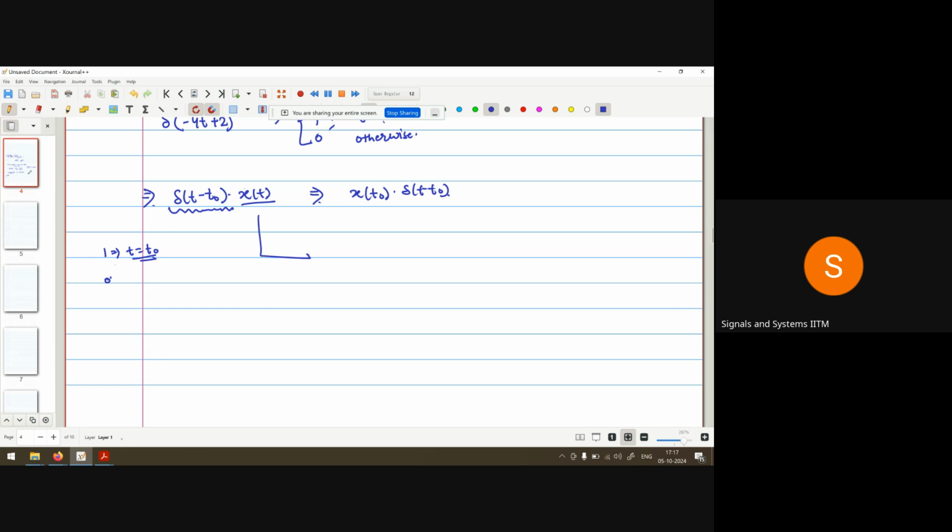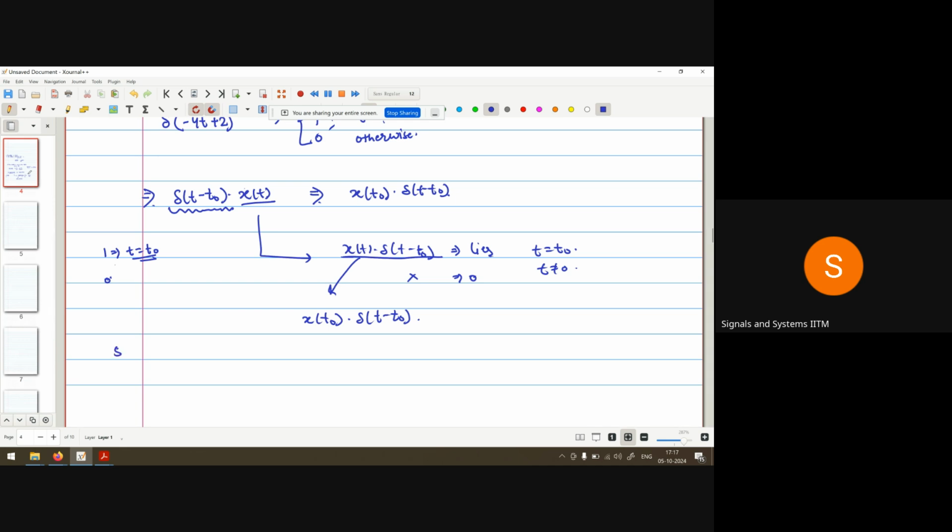So I say that x t multiplied with del of t minus t naught exists when t is equal to t naught, and the value is 0 when t is not equal to t naught. So if I put the value of t equal to t naught, it becomes x of t naught del of t minus t naught. So this is the fourth property of impulse signal.